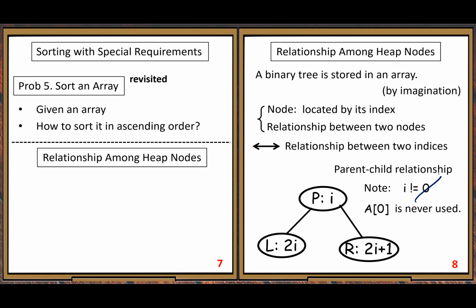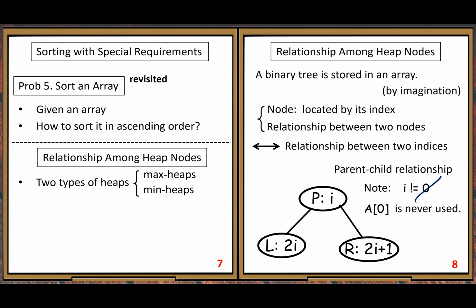Now, the relationship among heap nodes. Now you can see our heap will have the binary structure, and we need to study heaps. There are two types, max heaps and min heaps.